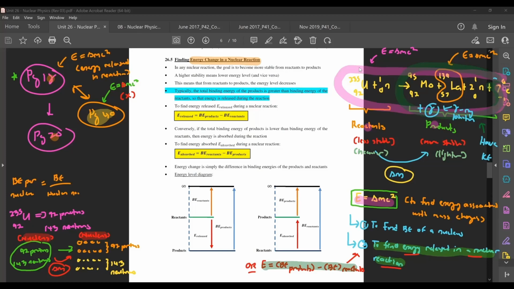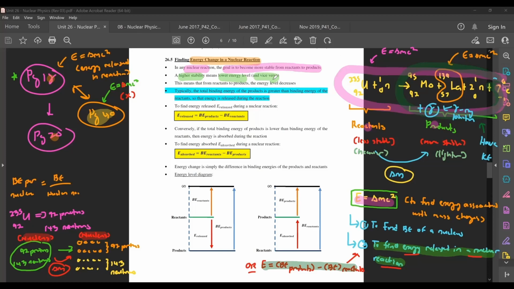Now, one of the things that you will remember me saying earlier is that in any nuclear reaction, the goal is always to become more stable, going from reactants to products, right? Okay, now a higher stability generally means a lower energy level. This one I'm not talking about binding energy. I'm just talking about energy levels, something like energy levels of electrons in chemistry.